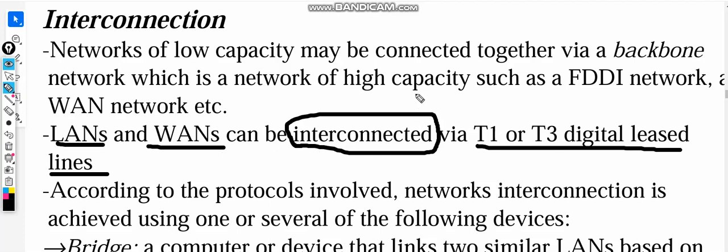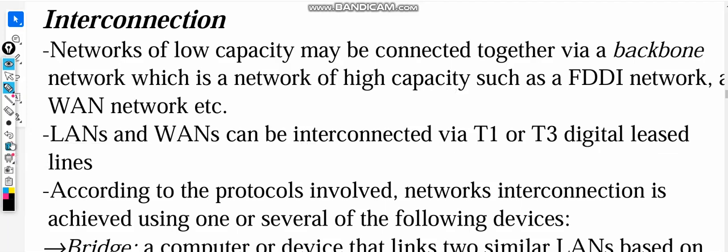So what is the short form for digital leased lines? No, sorry, this is not DSL. It's a digital subscriber line. So LANs and WANs can be interconnected via T1 or T3 digital leased lines.